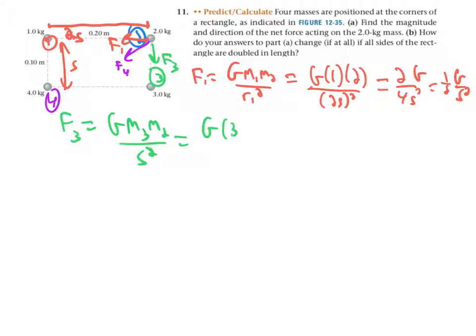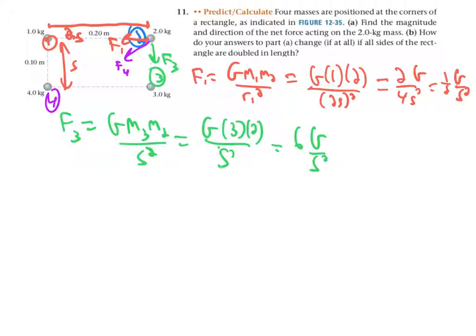So G times 3 times 2 over s squared, or 6G over s squared, which tells us that it's actually considerably larger. It's 12 times larger, because it is both closer and much more massive.